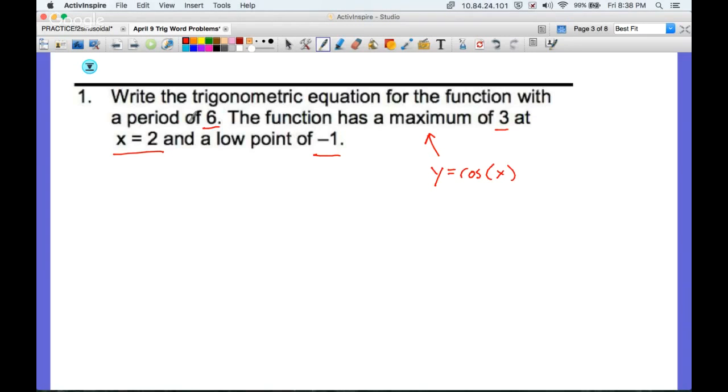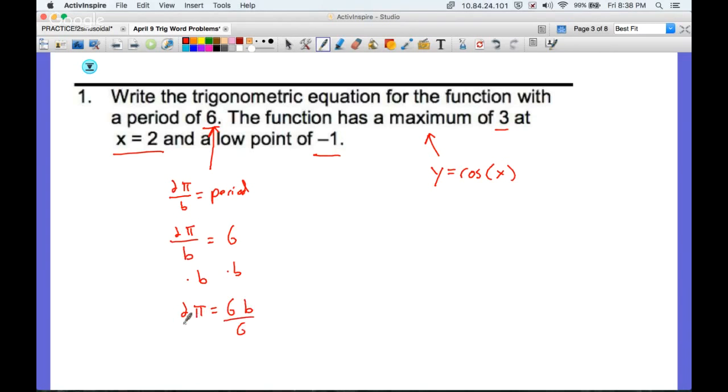Next thing is I'm given the period. The period is 6. Well, here we do need a formula to find b. If the period is 6, I know that 2 pi over b will calculate the period. So 2 pi over b needs to be equal to 6. Here I'm going to multiply b to both sides. So now I've got 2 pi equals 6b.